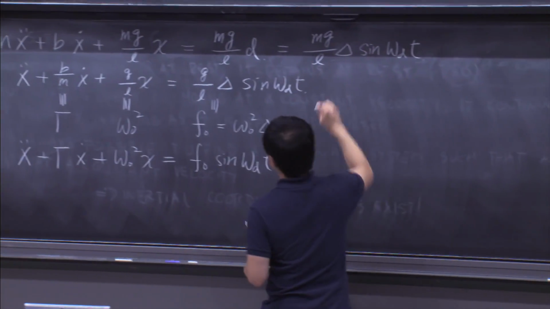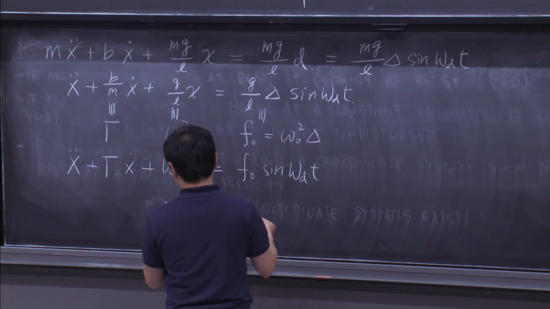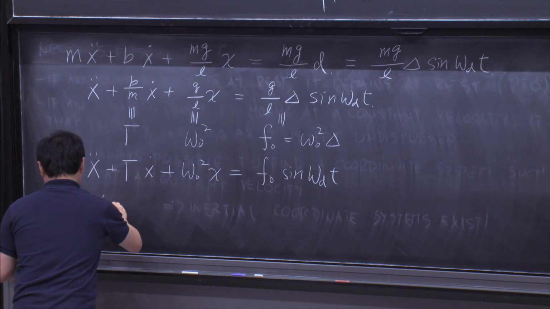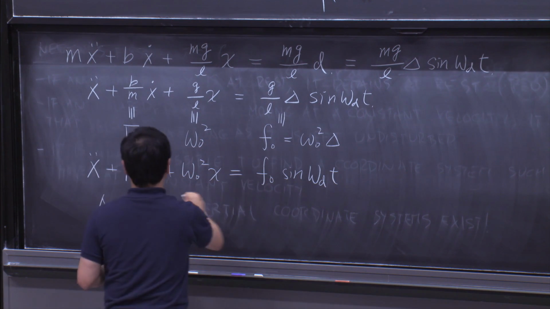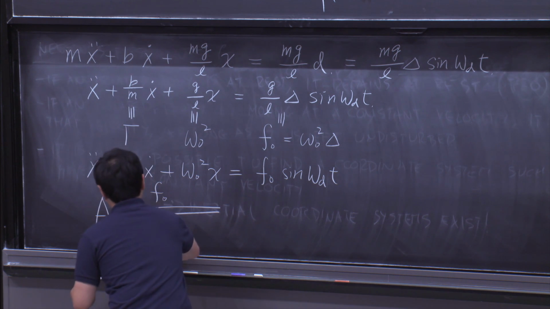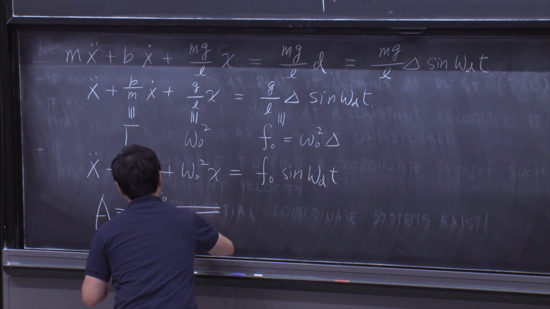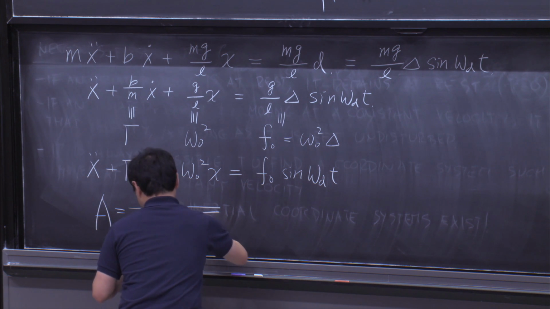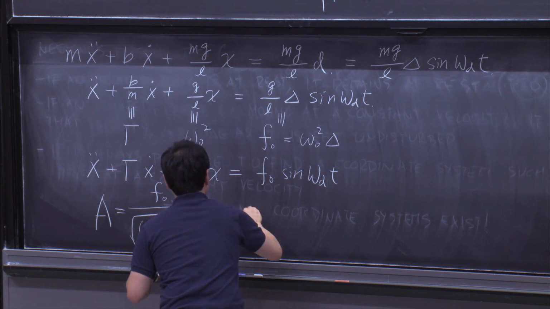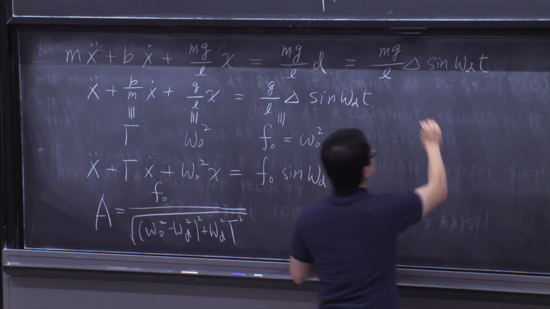Therefore, I can now write down what will be the A. So A is actually just equal to f0 divided by the square root of (omega_0 squared minus omega_d squared) squared plus omega_d squared gamma squared.